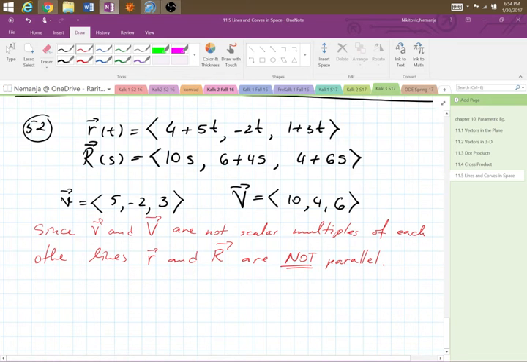Come on, guys, Calc 3. Let's keep moving. I guess it's that you can see the intersection of the various lines they have. Something like that. Well, what about t?